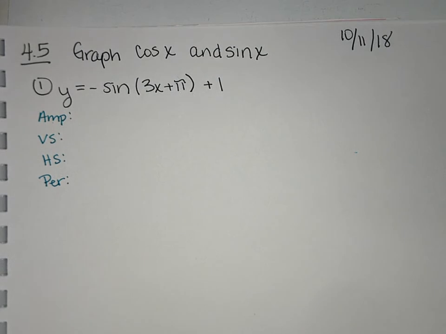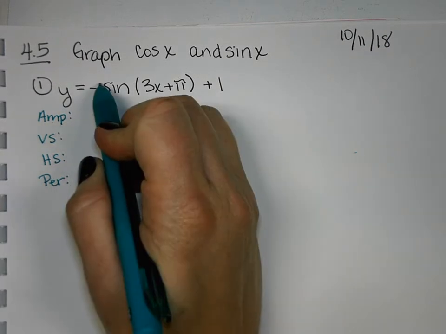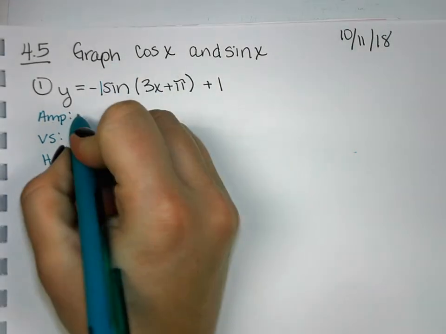Because again, all these graphs, both sine and cosine, follow a pattern. So if we follow that pattern but just apply our transformations, we don't always need to make that table of values. In looking at this problem, my amplitude, which is the number in front, is 1.